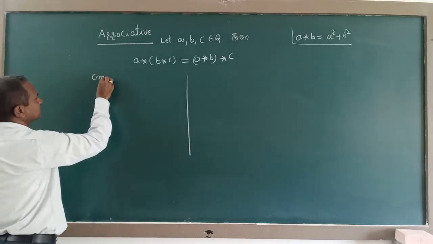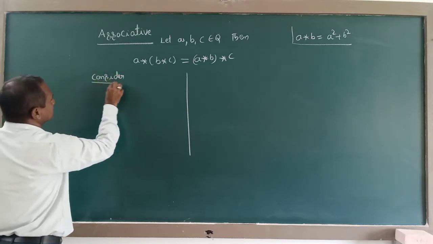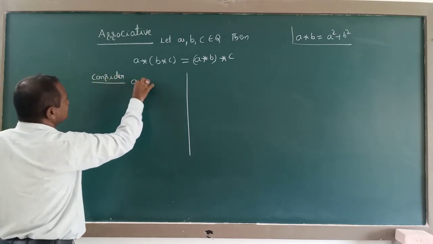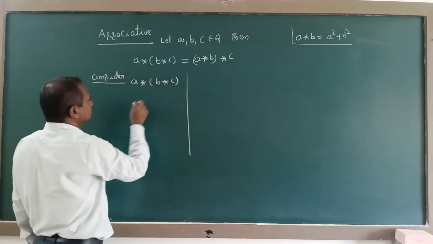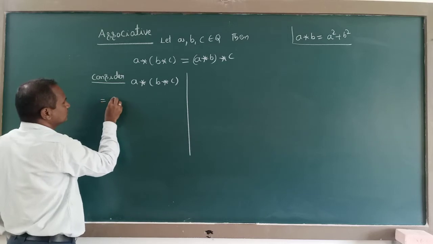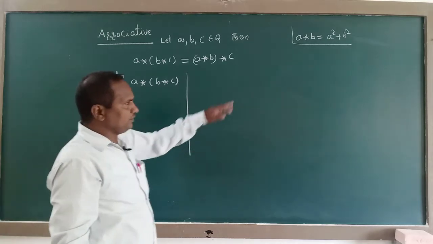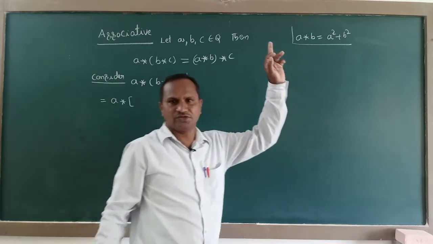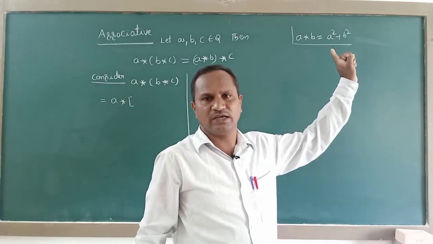Consider A star of B star C. For the binary operation, the definition gave A star B is equal to A square plus B square.